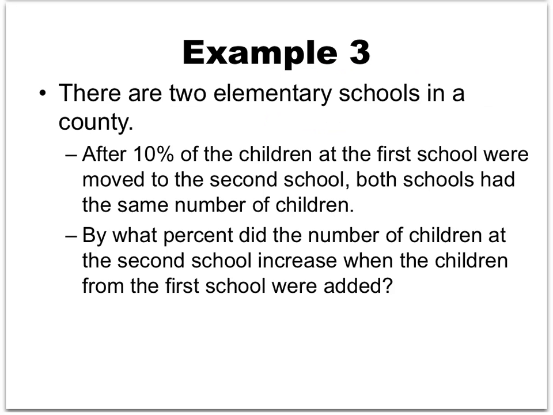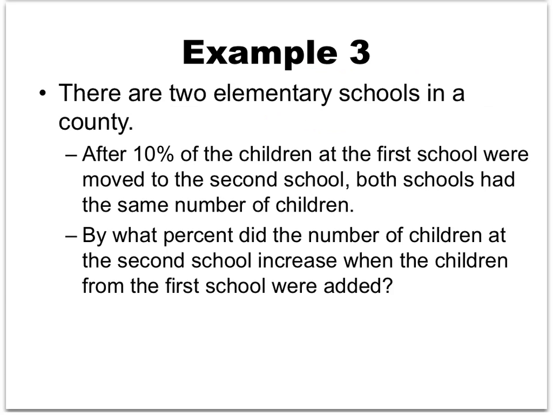There are 2 elementary schools in a county. After 10% of the children at the first school were moved to the second school, both schools had the same number of children. So the question is, by what percent did the number of children at the second school increase when the children from the first school were added?